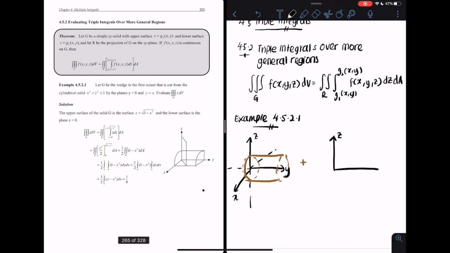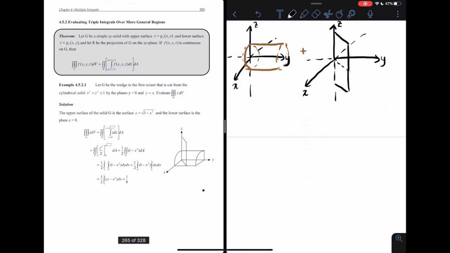Then you also have a surface y equals x, and then you also have a plane at y equals 0.